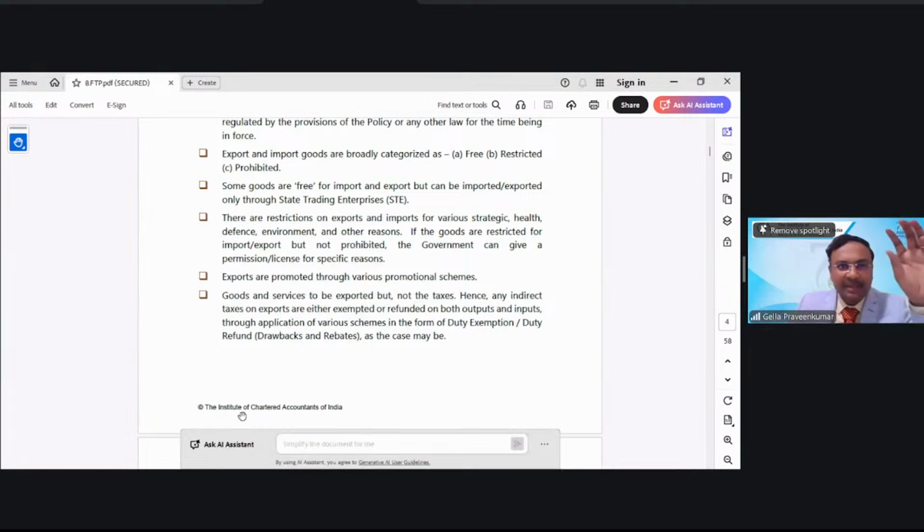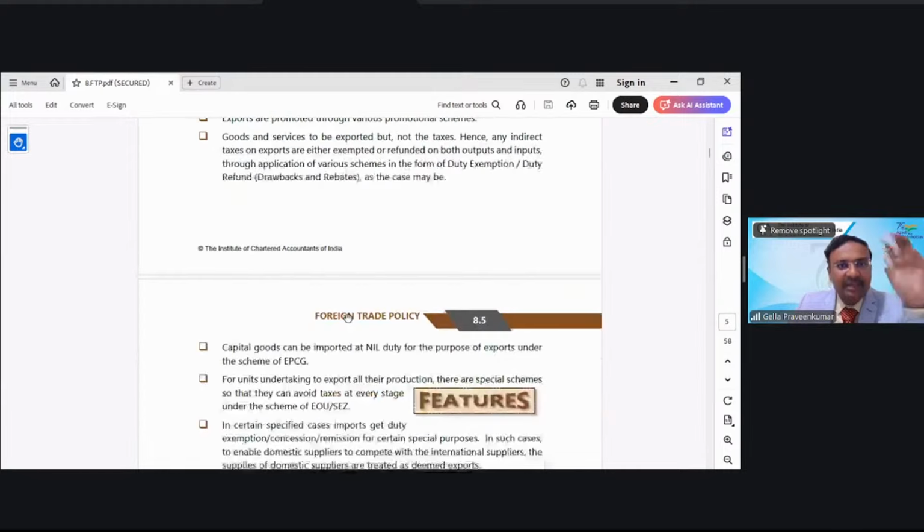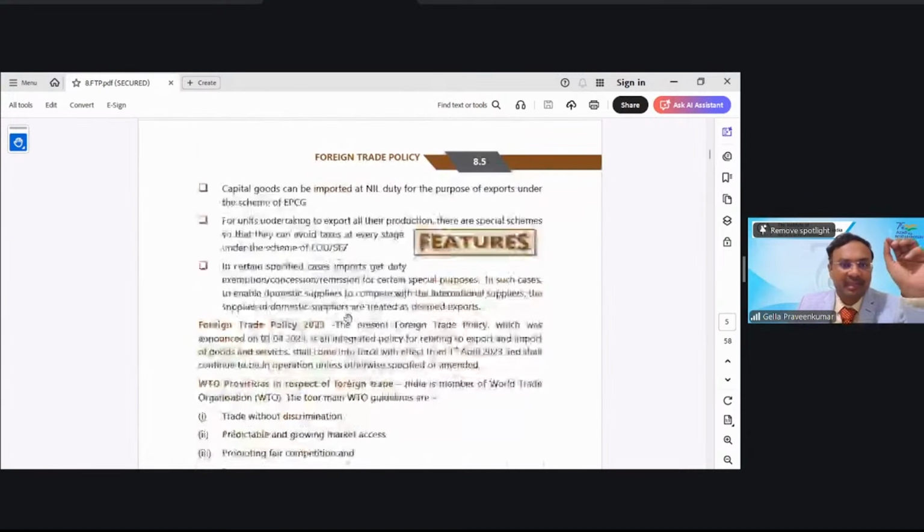Students, I'm giving you the preamble. If you are clear with the preamble, the rest is easy for us to understand. So these are the aspects. Similarly, for capital goods, they have promulgated the EPCG scheme. They have a set of units like EOU, SEZ, EHTP, which we have as a separate topic to study.